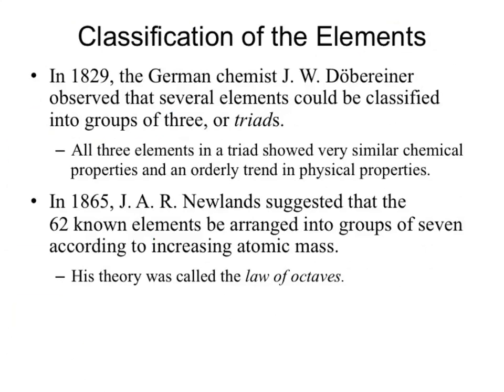Okay? So in 1829, that guy with a D, J.W. D, went through and observed that elements had different repeating patterns. At that point in time, we didn't have a lot of elements to look at. Probably only had 20. So when he went through and started to compare what he knew about the different elements that they did have, he started to notice some patterns within it.